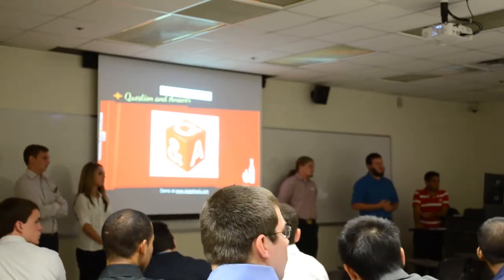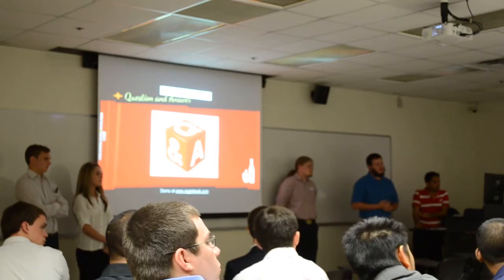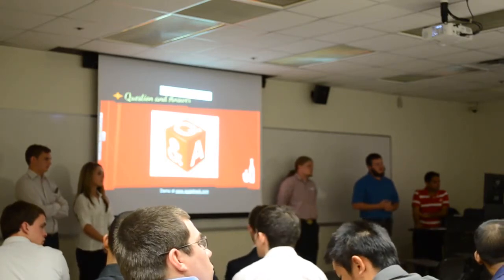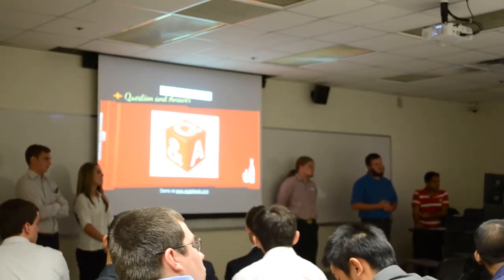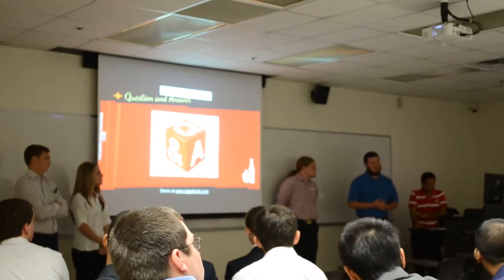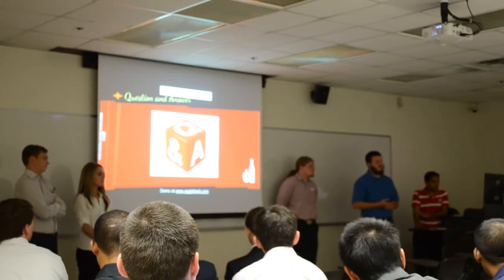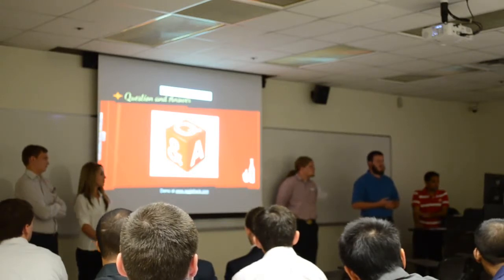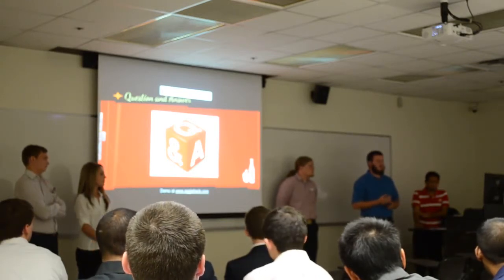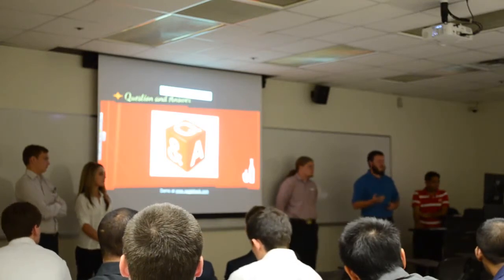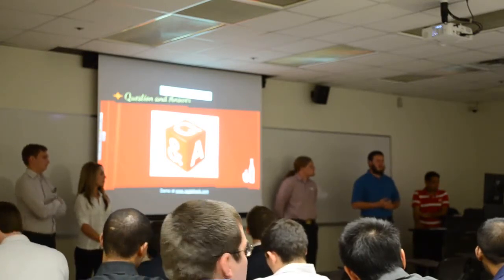Yes, sir. Have you thought about limiting access to users 21 and over for drink specials? Yeah, that was something we had in consideration, and a very simple way to do that would be to pull the user's age from their Facebook profile. However, that can be tampered with. You can fake your birthday, but we don't have that implemented currently.